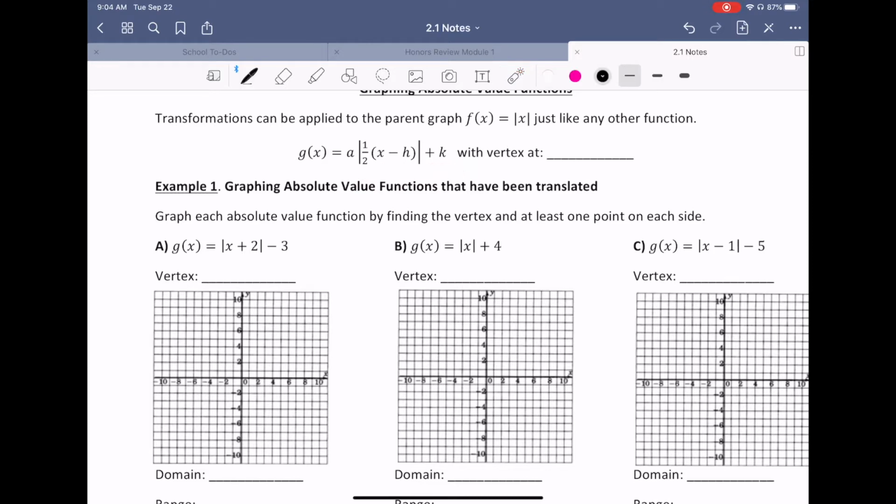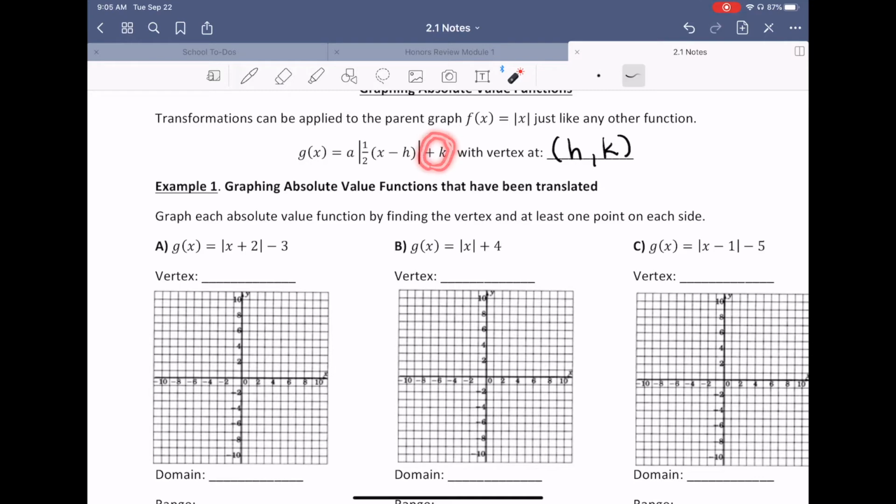Anytime your function is written in standard form, such as this one here, your vertex is going to be located at the point h, comma, k. So this should tell you h is going to be a horizontal translation, and it is always the opposite. And I know this is probably going to be the most difficult concept to remember, right? But we always use the inverse of what is written in the function.